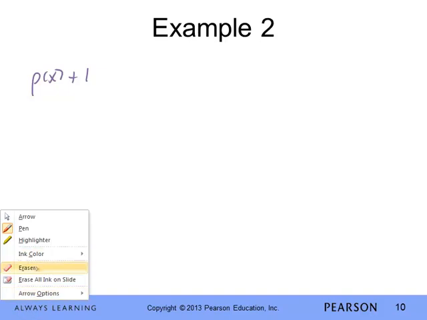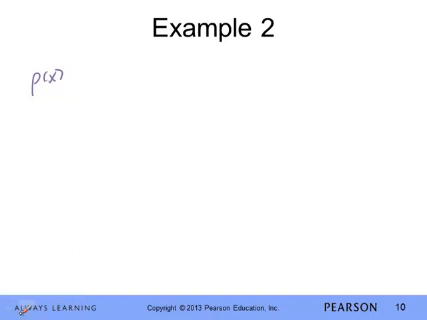See, I can't talk and write at the same time. 1 plus x squared on the interval from 0 to 2. The units are in meters. Find the center of the mass of the bar.